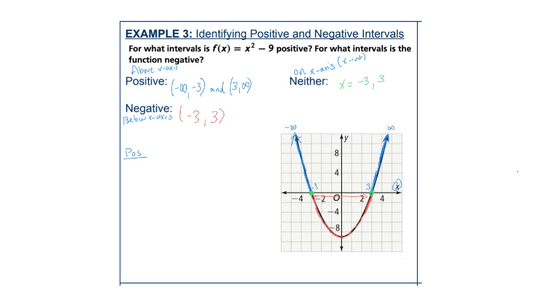All right, so what I'll do is I'll kind of just give you a short spiel on each of these to help you remember. So positive, where I'm going to use f of x to represent function. So where f of x is above the x-axis. So any positive y value.